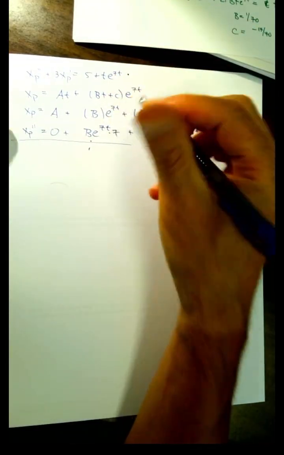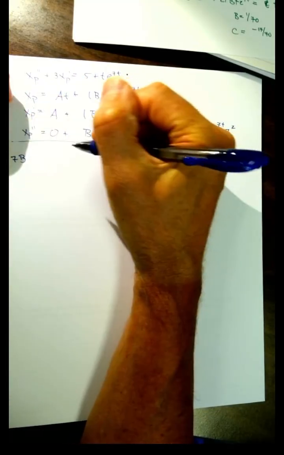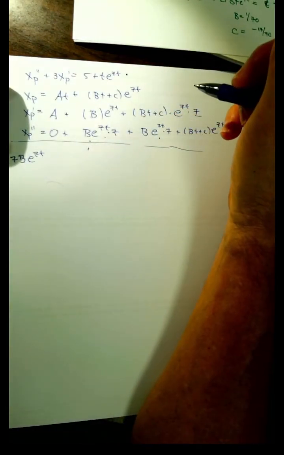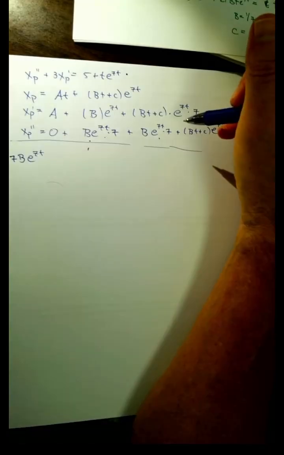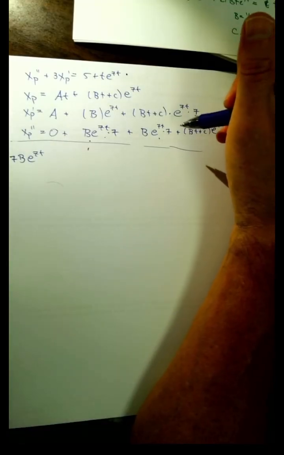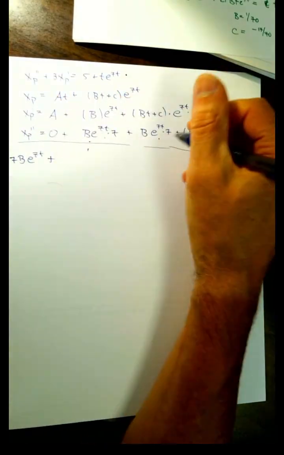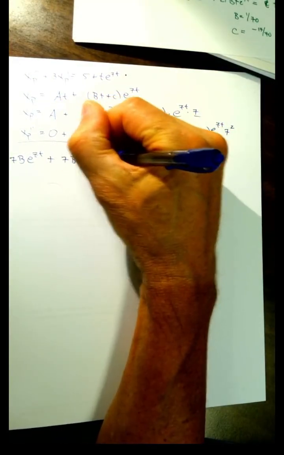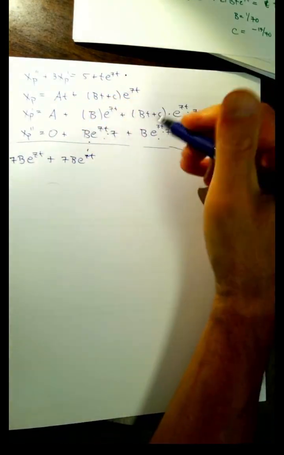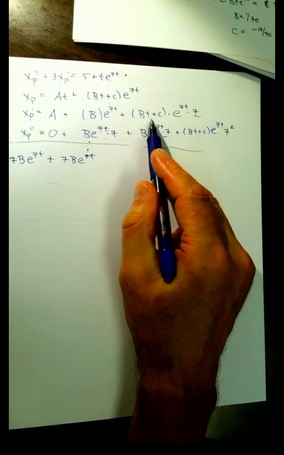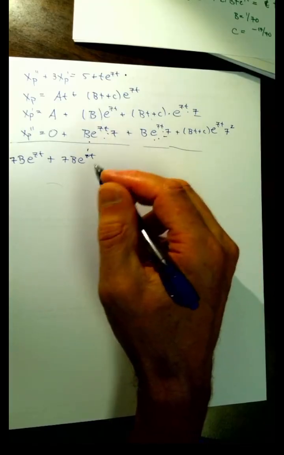So the second derivative, I have 7B e to the 7t is this expression. Why does that look wrong? Oh, that's right. Plus, this becomes 7B e to the 7t. By the way, notice I didn't like how it looked, and I went back in and recognized that this came from the product rule.